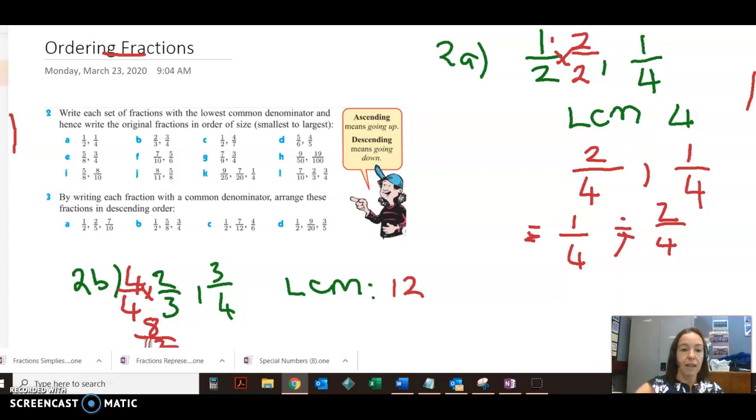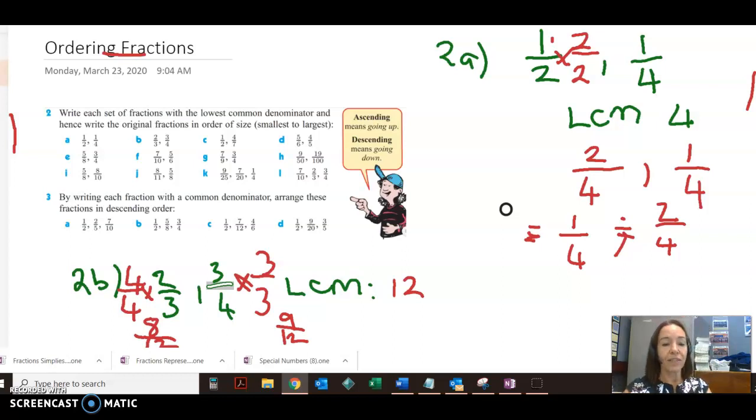And then if I look at the next one, what do I need to multiply 4 by? I need to multiply it by 3. And so it's going to be 3 over 3. So 3 times 3 is 9, and 4 times 3 is 12. So 3/4 is 9 over 12, and 2/3 is 8 over 12.